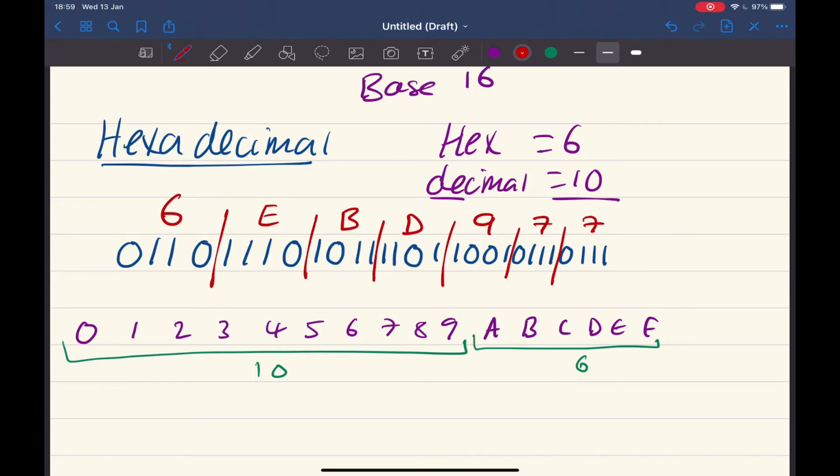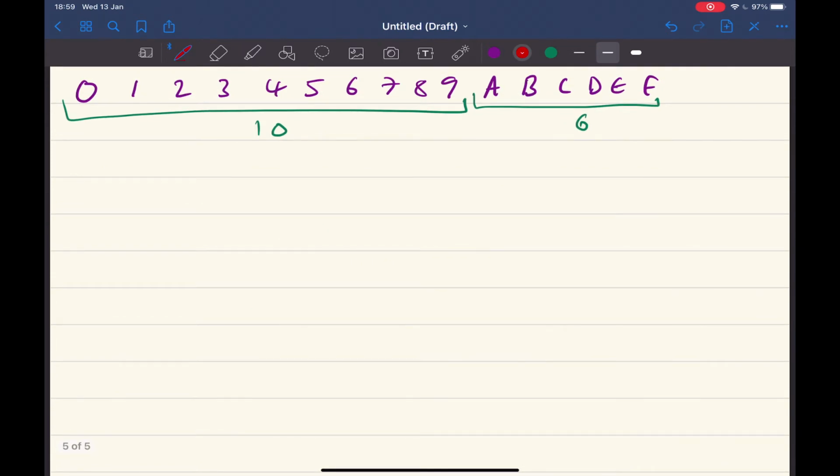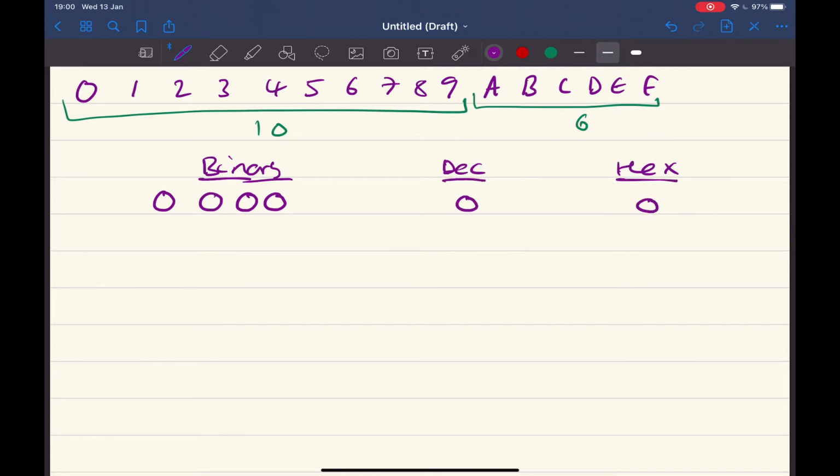So how do we convert hexadecimal? How does it work? Well, let's take a binary number and we'll start off with 4 zeros. So that's the binary. We then got our decimal number and our hex. And in decimal that's 0, and in hex that's also 0.